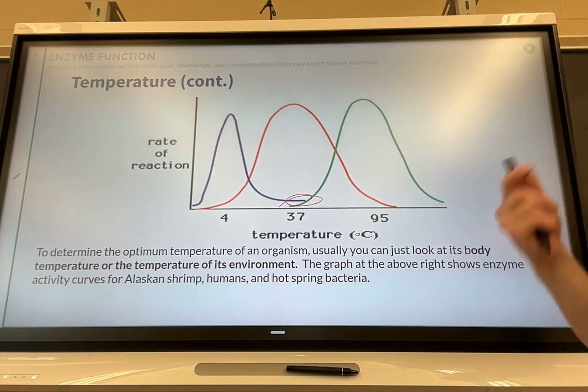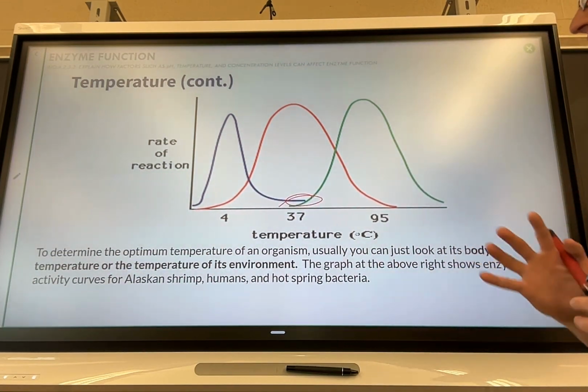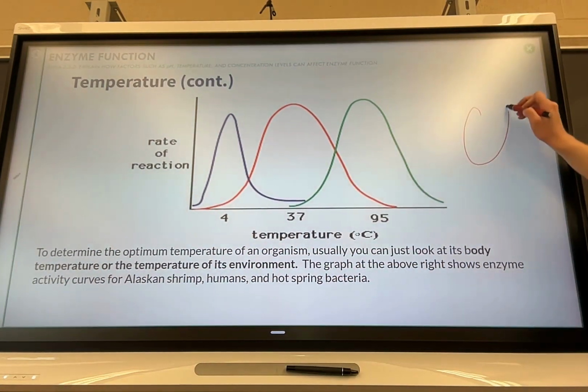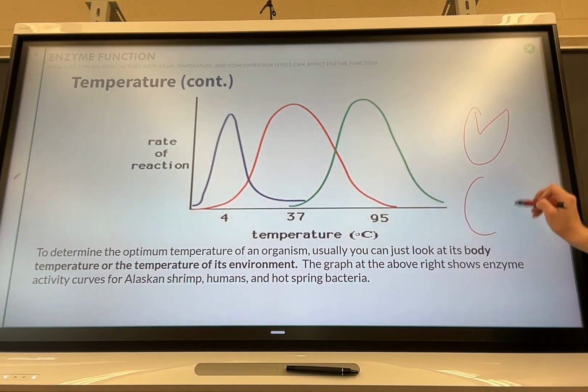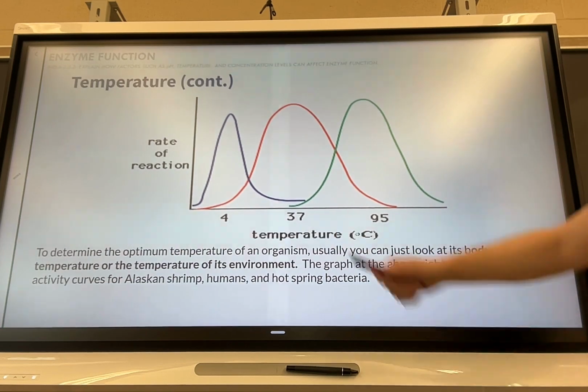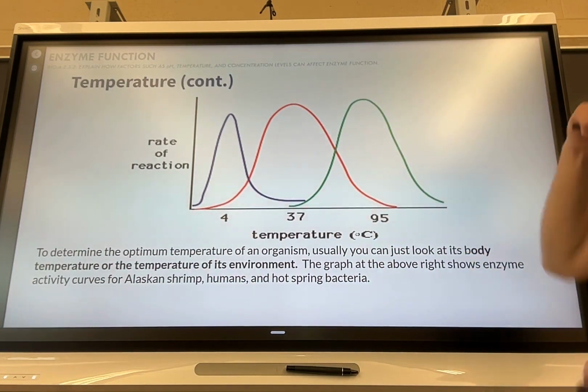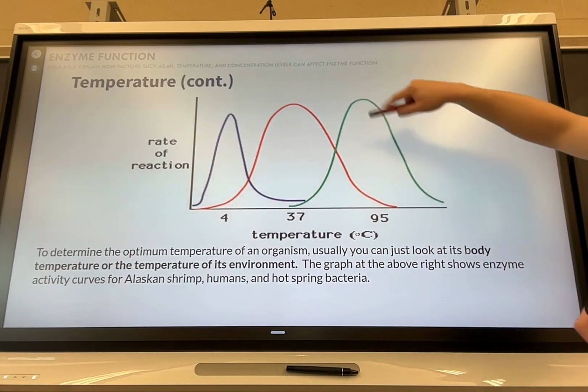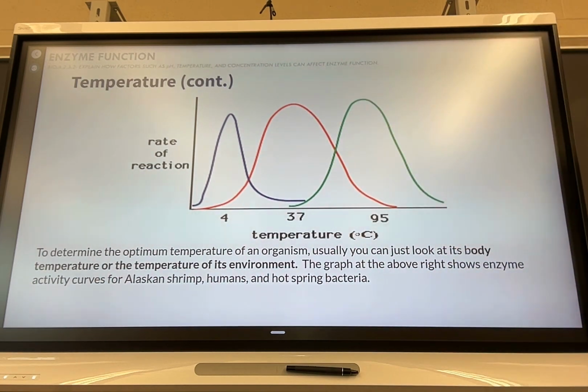There may be a little bit here and there, but overall, the reaction isn't happening. The enzyme, if it was shaped like that, has lost its shape and now does not work properly. If we were to take these enzymes found in humans at 37 degrees Celsius and put them in about boiling temperatures, the same thing happens.